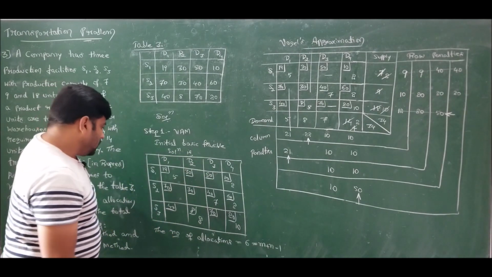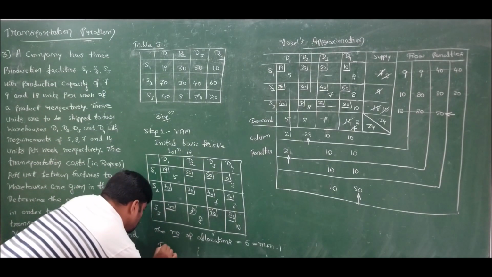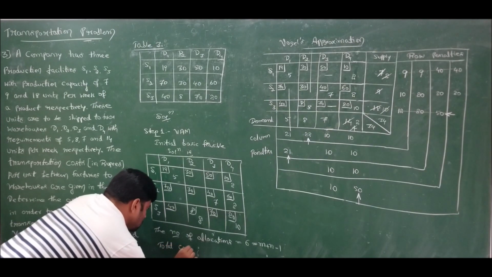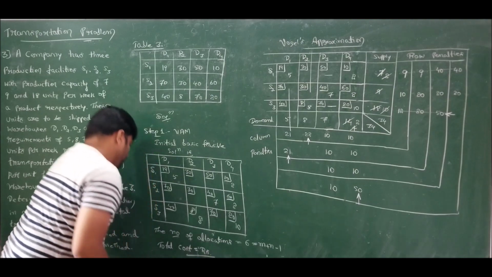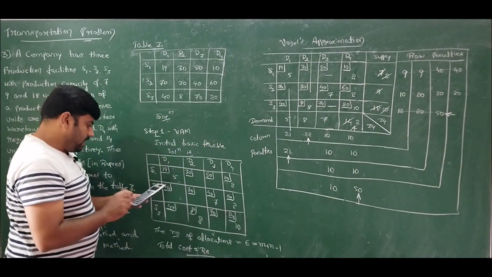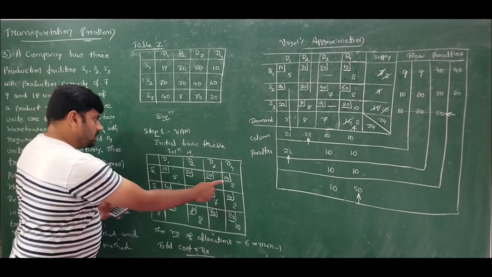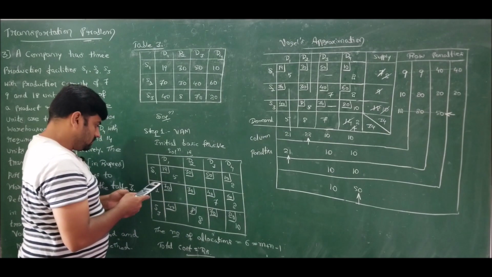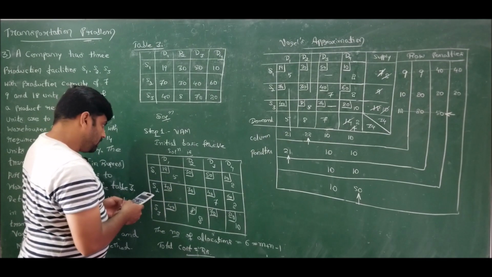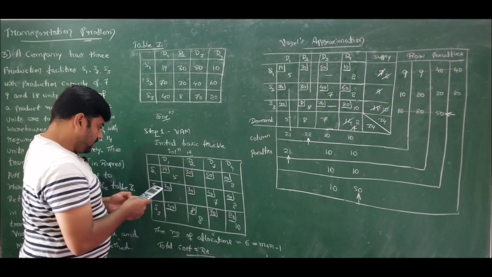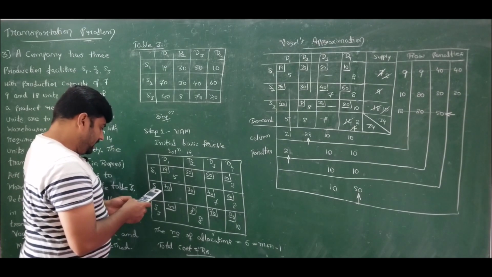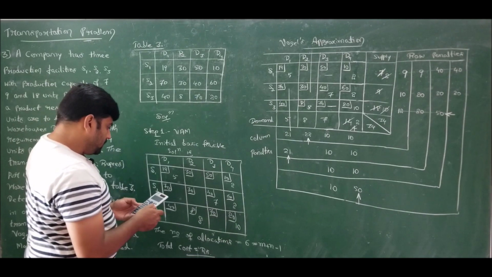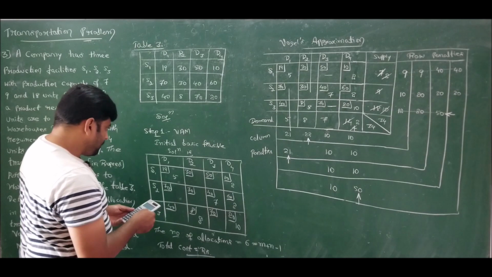Let me calculate the total cost. So total cost is how much? Rupees 19 into 5 plus 10 into 2 plus 40 into 7 plus 60 into 2 plus 8 into 8 plus 20 into 10, which is turning out to be 779.